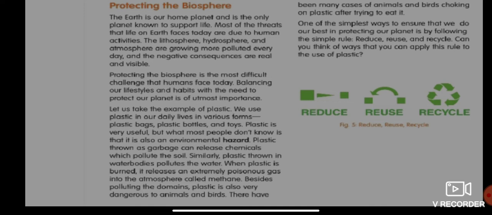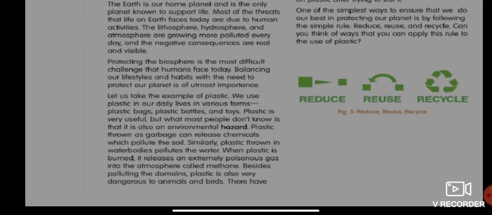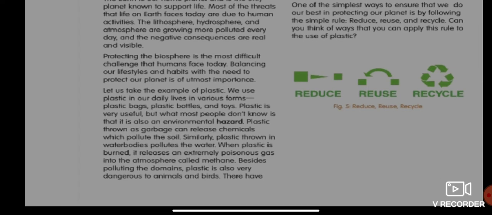Most of the threats that life on Earth faces today are due to human activities. The lithosphere, hydrosphere, and atmosphere are growing more polluted every day, and the negative consequences are real and visible. Protecting the biosphere is the most difficult challenge that humans face today. Balancing our lifestyle and habits with the need to protect our planet is of utmost importance.